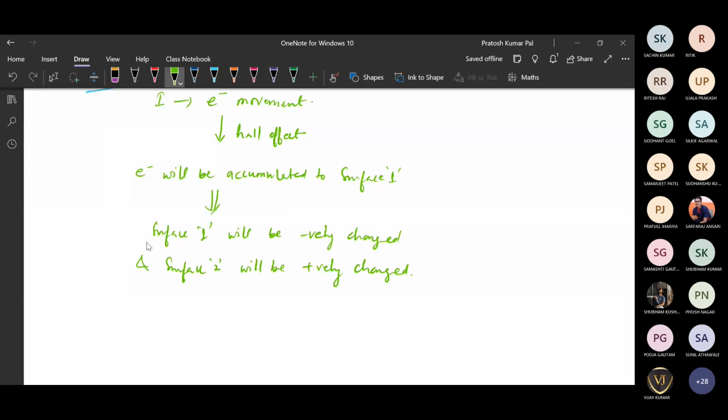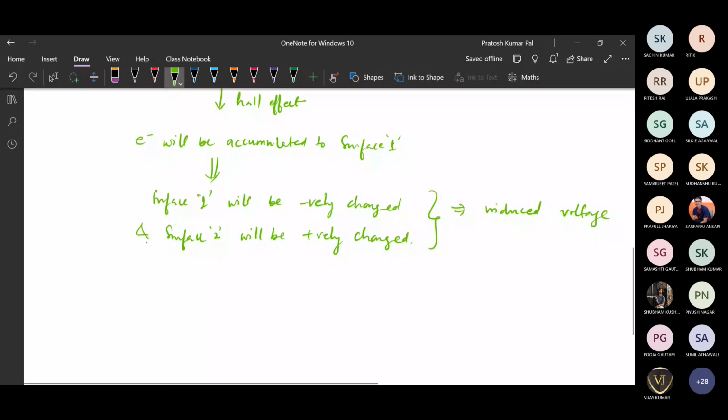Okay, so as this potential difference is generated between surface 1 and surface 2, there will be an induced voltage. This induced voltage is basically the Hall voltage, because it is due to the Hall effect.